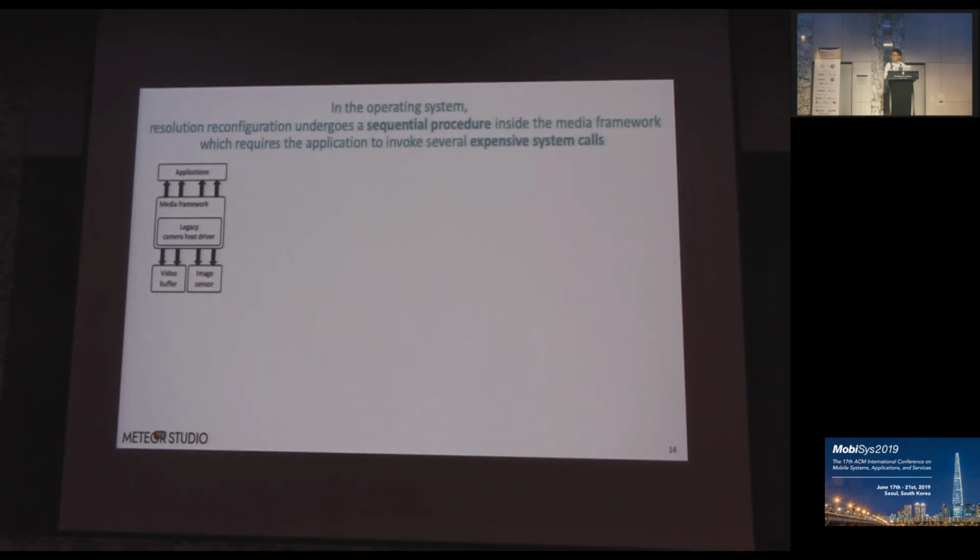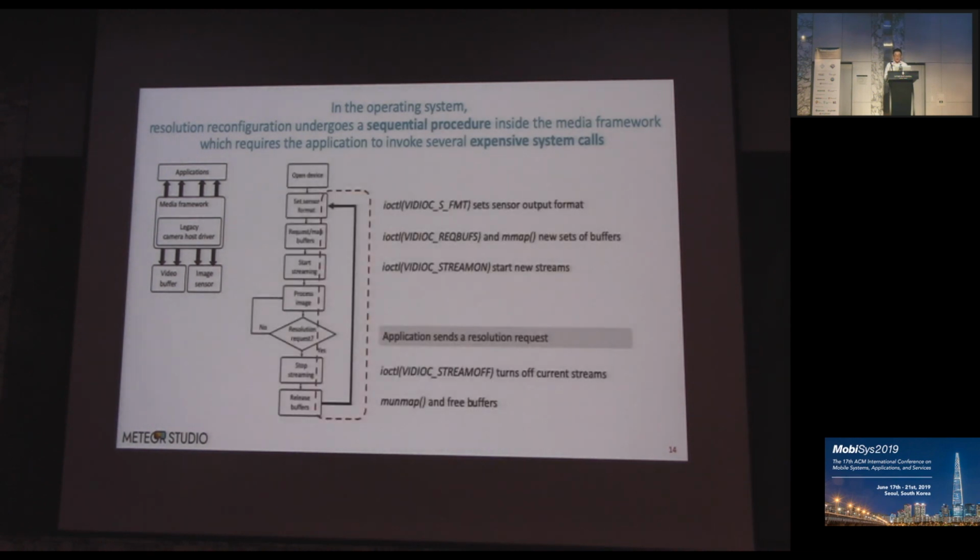In the operating system, resolution reconfiguration undergoes a sequential procedure inside the media framework, which requires the application to invoke several expensive system calls. The application invokes those system calls to interact with different kernel modules, including the camera host driver, video buffer driver, and the image sensor driver. To begin this procedure, the application sends a new resolution request, and then calls a system call to turn off current streams.